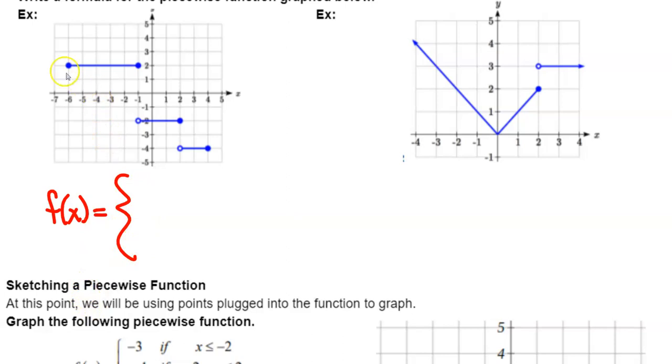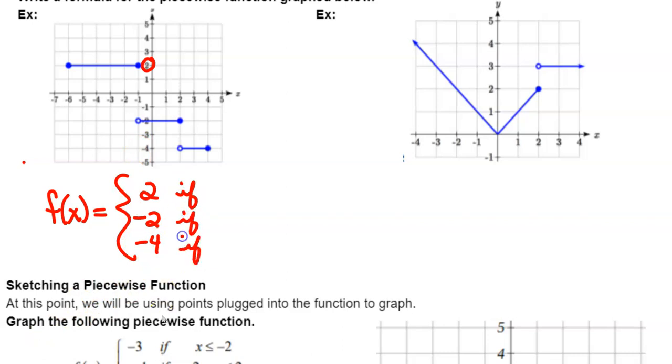And because they are constant, those are the ones that are just a number. So I look across here and I know that that y value is a 2. So that has to be one of my functions. Coming through here, that y value is a negative 2. And coming through here, that y value is a negative 4, always for each one of those. Now, we have to say when those occur.